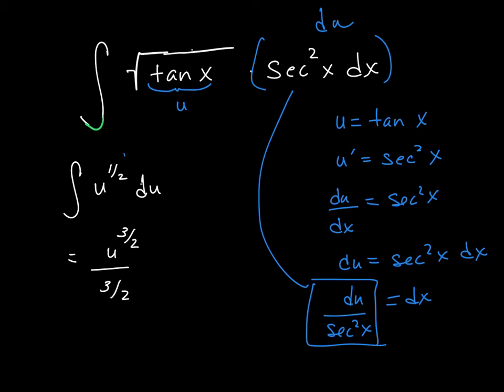Sorry, because you're just adding 1 to that and you divide by the same thing, plus my constant. Or 2/3 u to the 3/2 plus my constant.